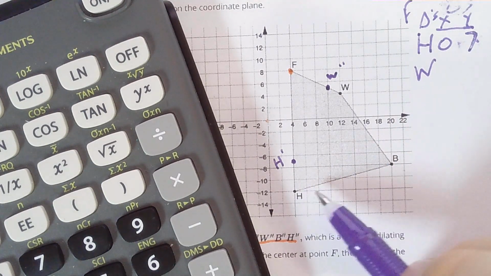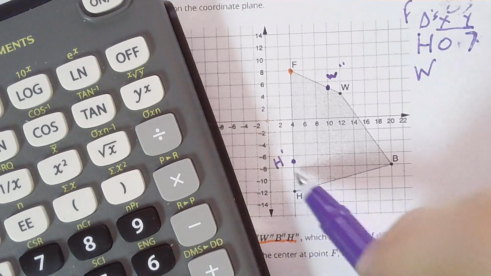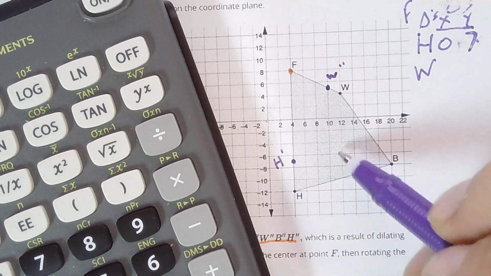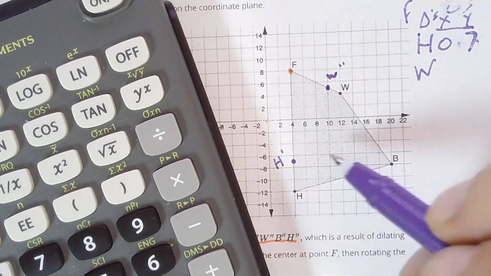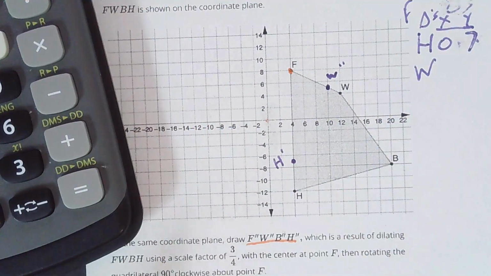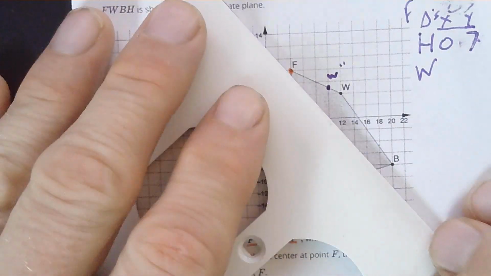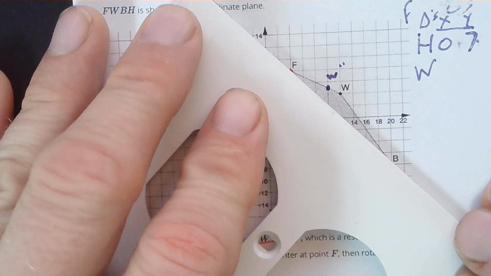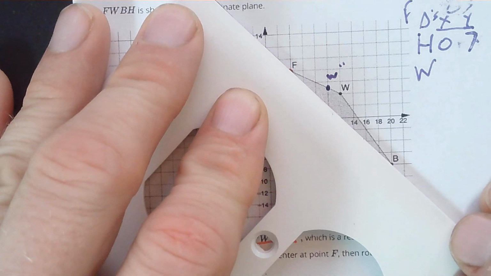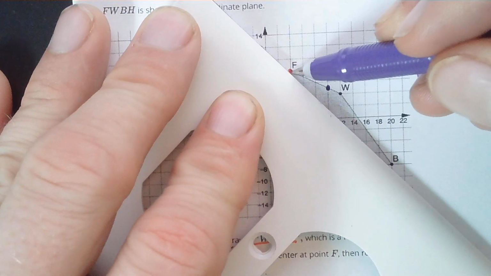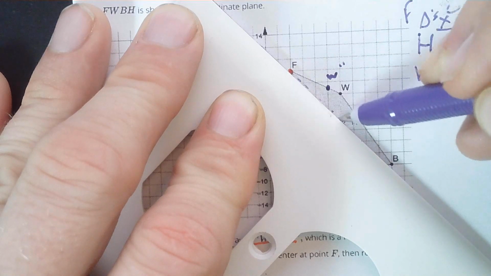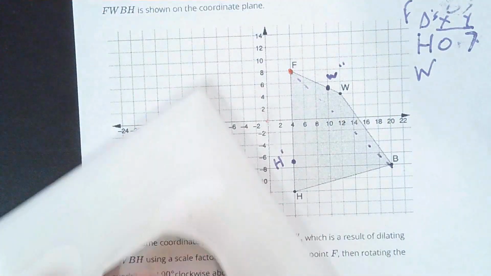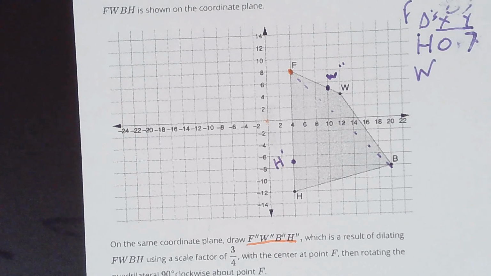Now I'm going to have to do my change in x and my change in y to figure out where in here somewhere I have to plot that dot. And if I look at this here, you can see it's going to be somewhere along that line there.